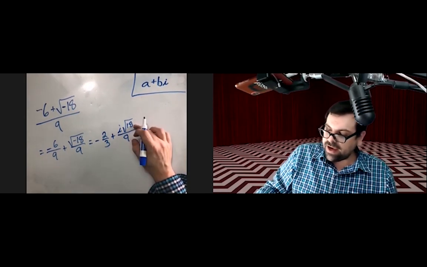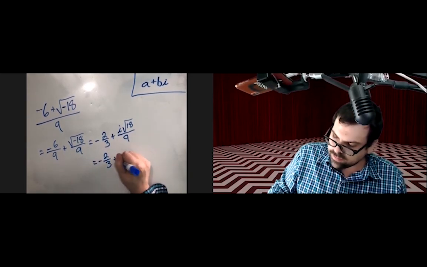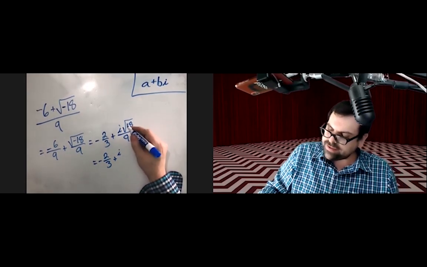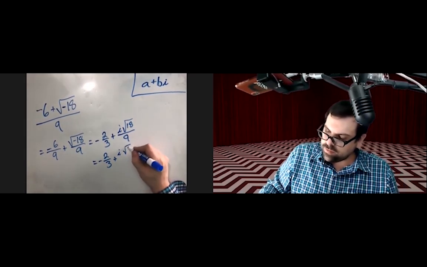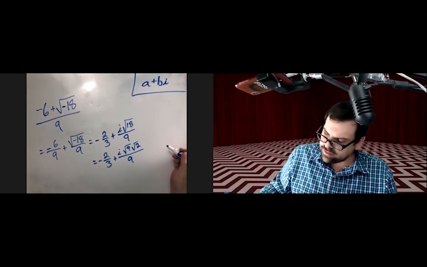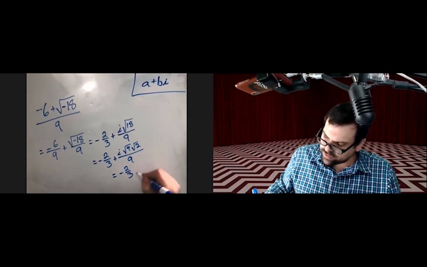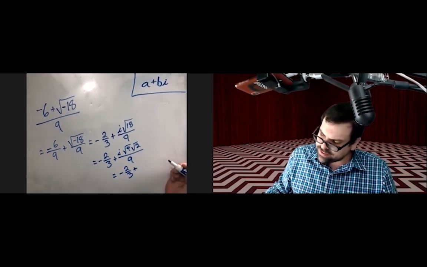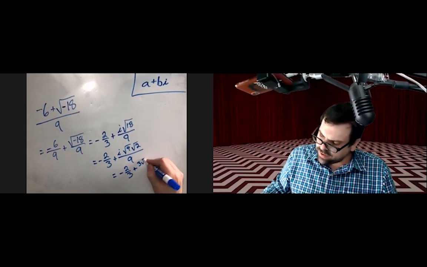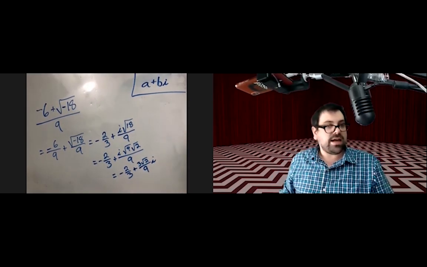We can simplify radical 18. That's radical 9 times radical 2 over 9. So we have negative 2/3 plus 3 radical 2 over 9. And I'm going to move the i to the outside.